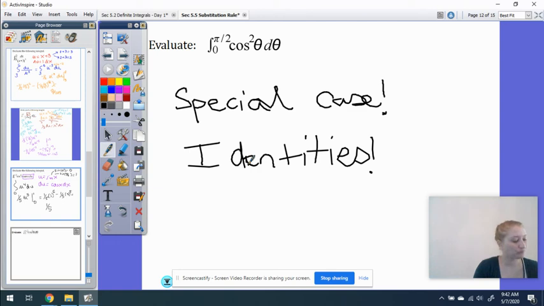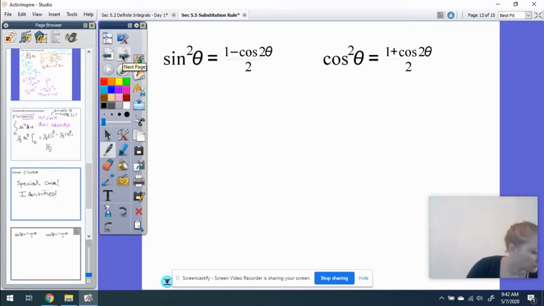Okay, so making our life easier. All right, so we have two different identities, one for sine squared theta and one for cosine squared theta. Okay, so we are actually going to do the last problem that was up on the screen using this.